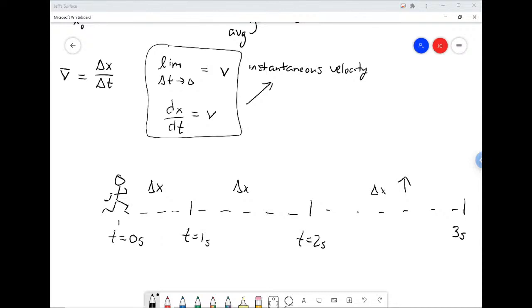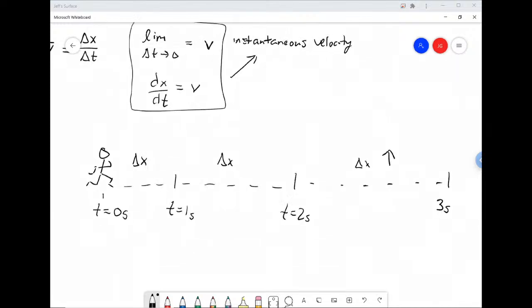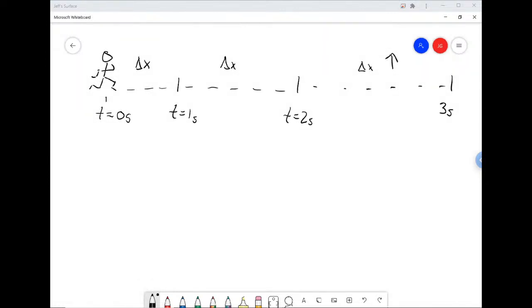What I'm doing here is showing you an example of a guy running and accelerating. Average acceleration is defined as a change in velocity over a change in time. And just like before with velocity, we can ask what happens as that interval of time gets smaller and smaller.